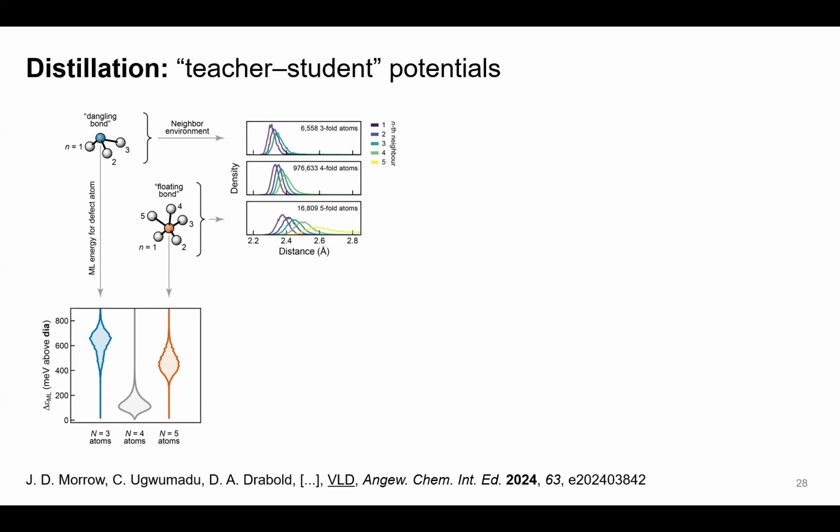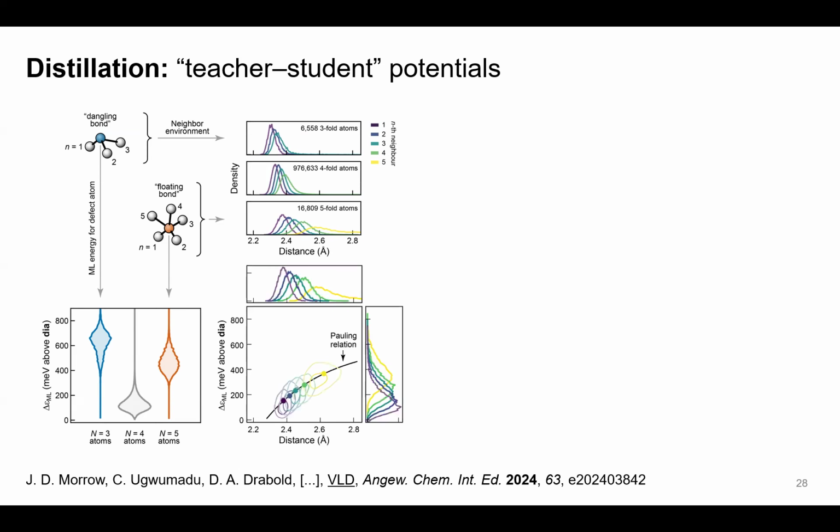So we said, if you want to study these things, you need good statistics. You need a very large system. So we looked at a system of 1 million atoms of amorphous silicon. At about 6,500 threefold atoms, you get almost 17,000 fivefolds. So you get quite meaningful distributions of these defects.